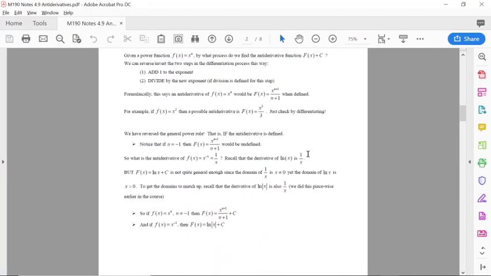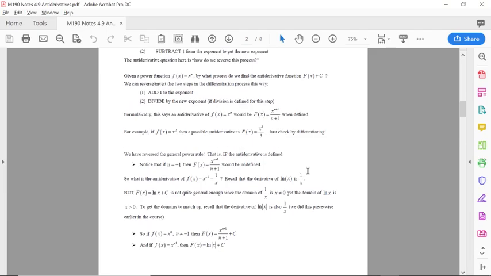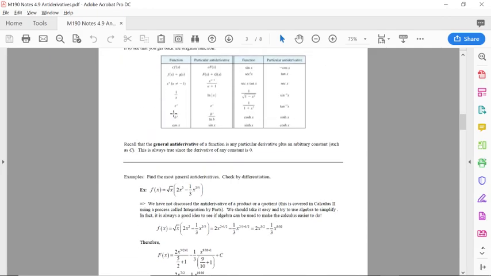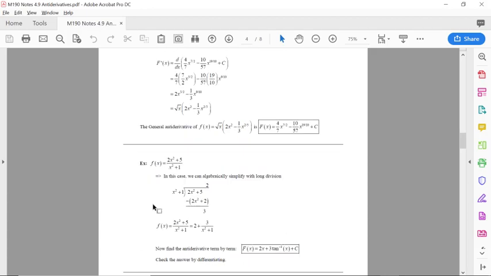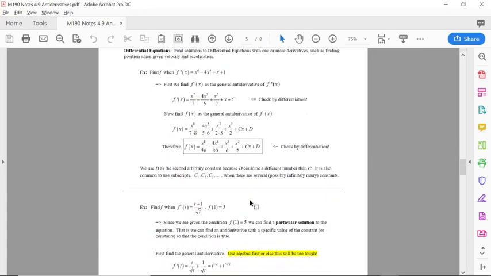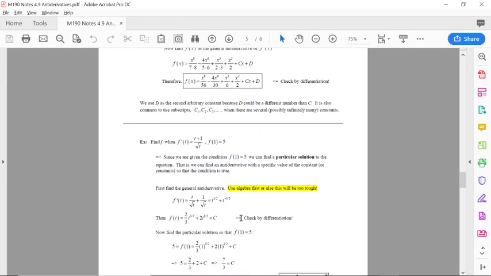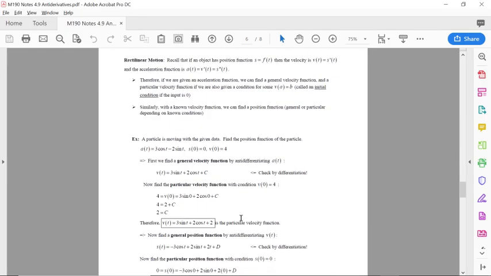In addition to that, you're going to want to have the reverse rules, such as the reverse of the general power rule, which has these two cases, remembering the absolute value, remembering the arbitrary constant c, and the reverse of the rule for the derivative of the exponential b to the x. Always check your answers to your antiderivatives by taking the derivatives. And practice exercises whereby you are given conditions as well, recognizing situations where algebra is helpful in order to make the calculus easier to do.